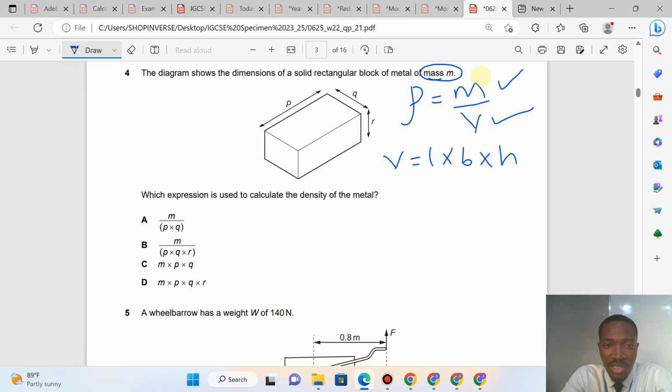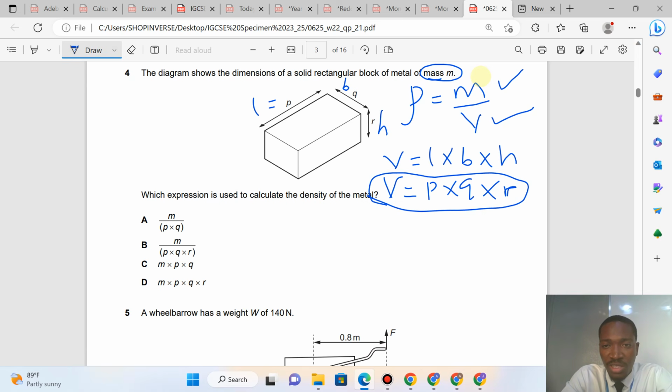In this block, you can see the length is p. The breadth is q. And the height is r. So you can have it as p times q times r. So that is the expression for the volume. Now let's use this expression to replace v in this first equation for density, mass over volume.